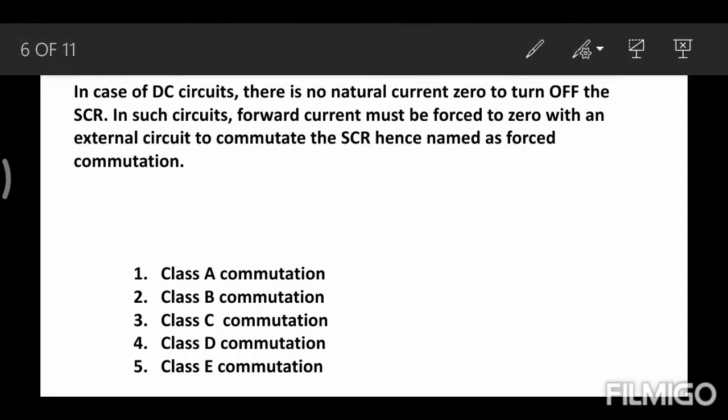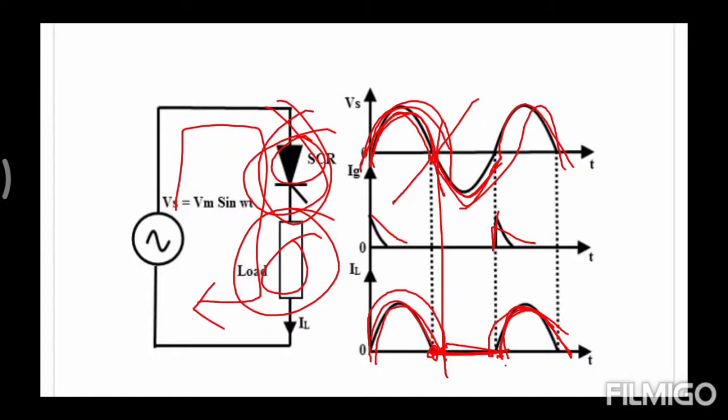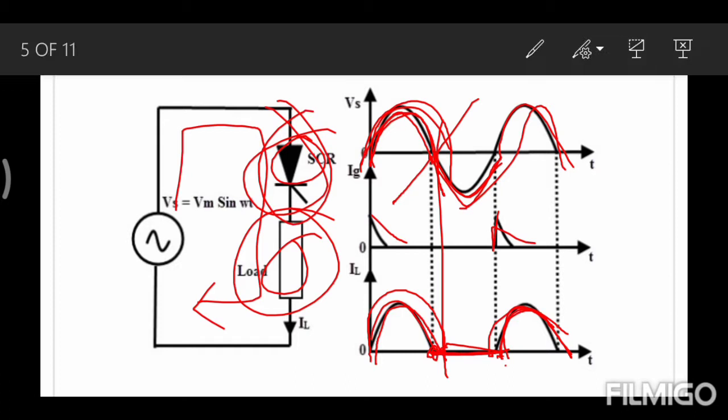Let us see another one, forced commutation. Forced commutation is generally applicable for DC. Why? Because if you use AC, natural commutation is applied, but for DC there is no chance for natural commutation or line commutation.